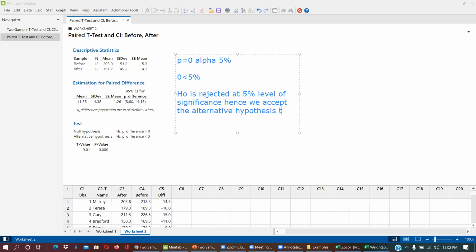That means there is a difference before and after workout weight.